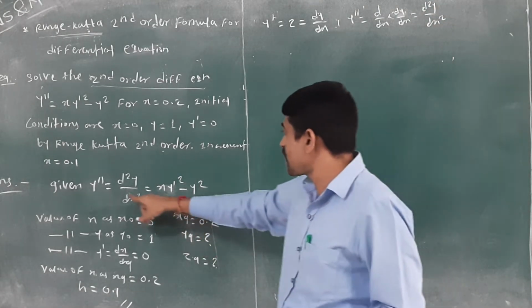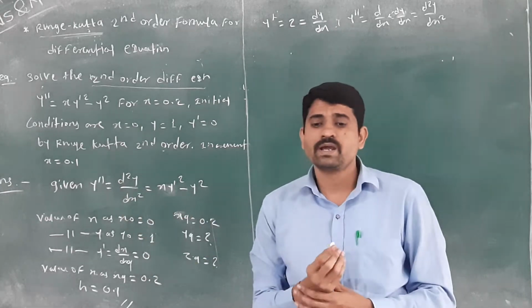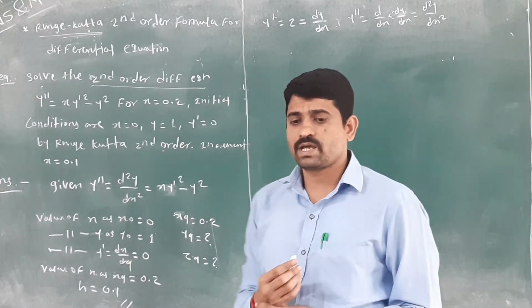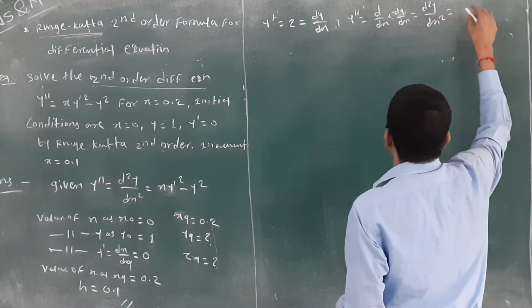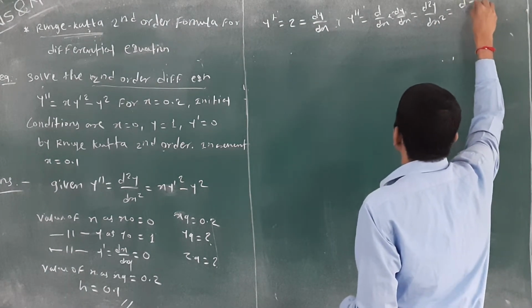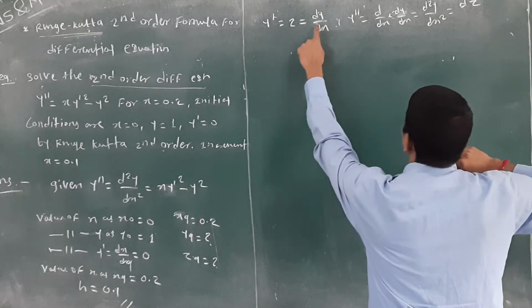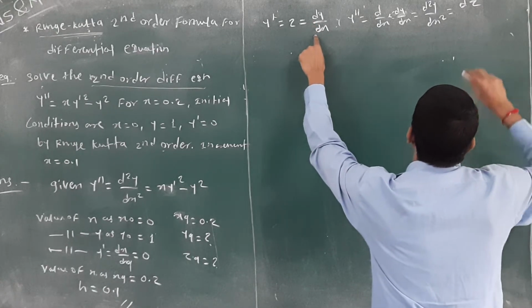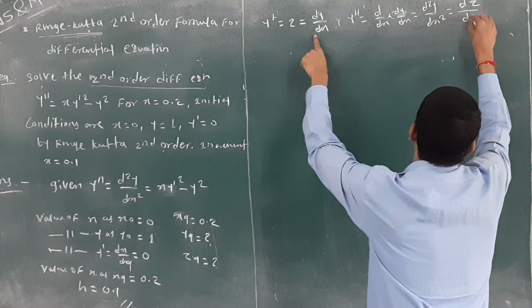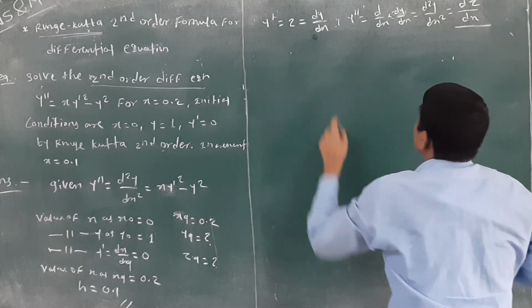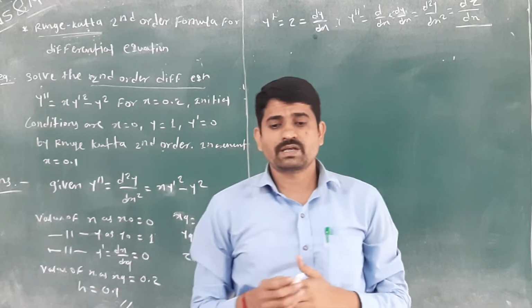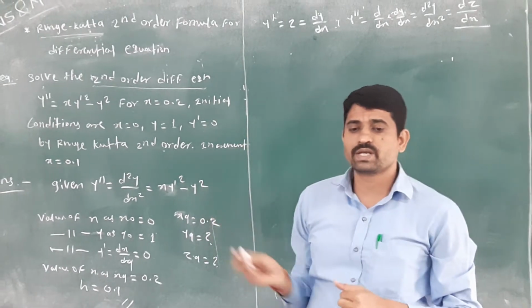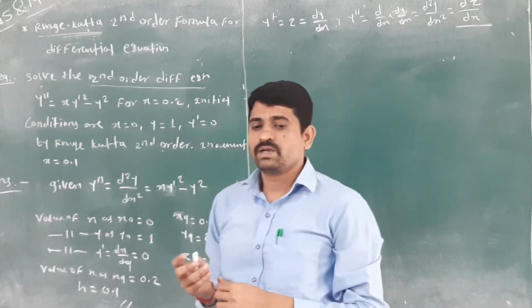Or we can simplify: what is z? dy by dx. So it is dz divided by dx.